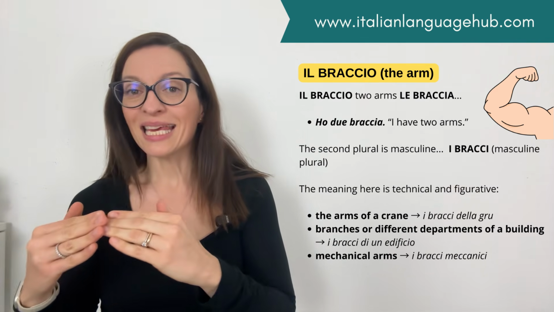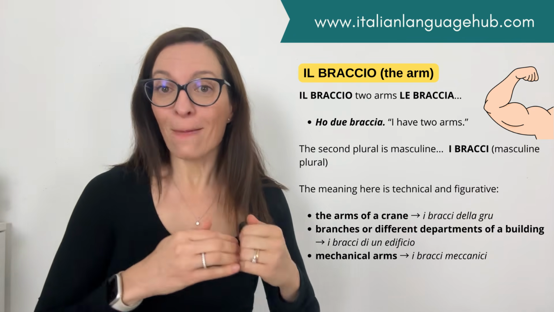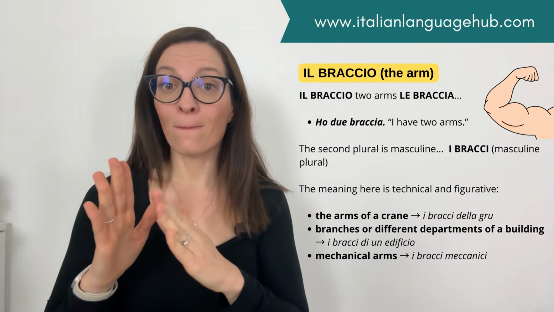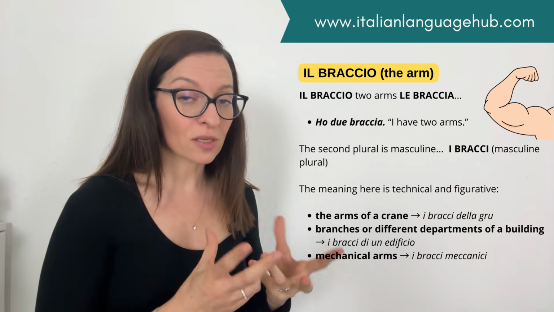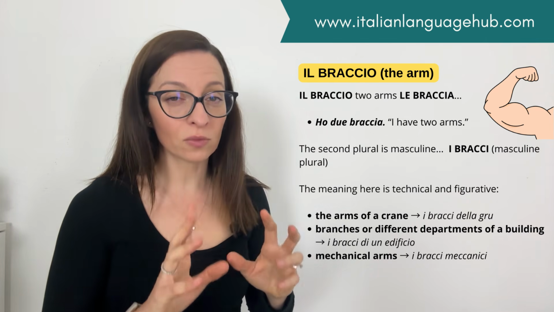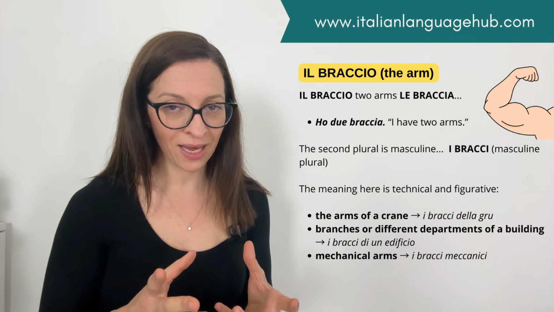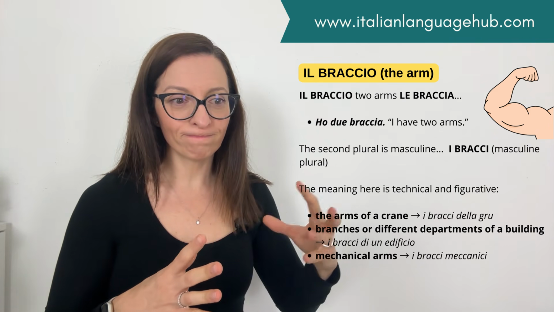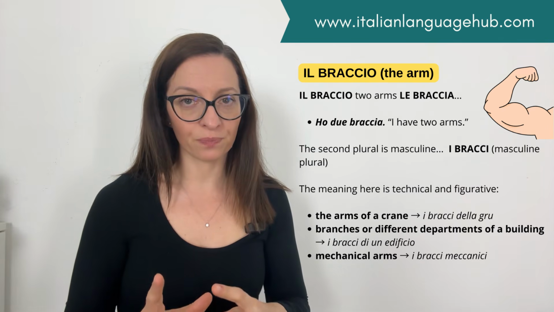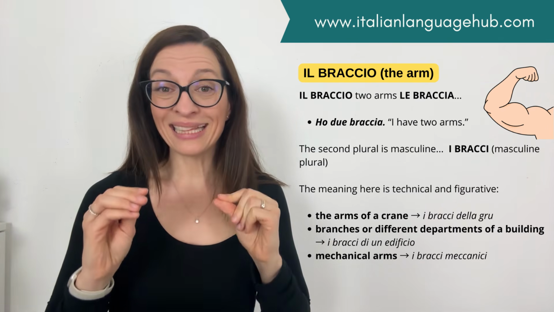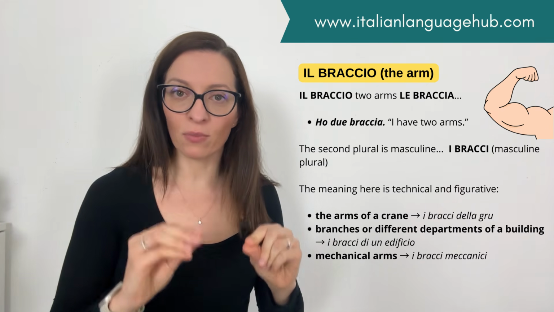So it becomes i bracci, which is masculine and plural. The meaning changes. It's more technical and it's more figurative, okay? So it doesn't move too far from the original meaning, but it changes a bit. Look at these examples to make it more clear.